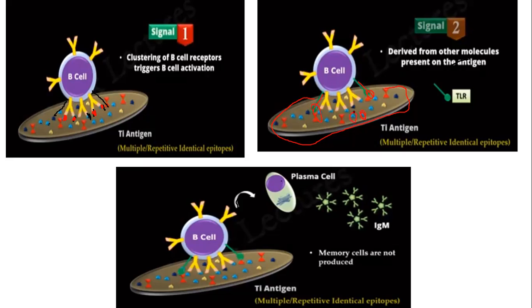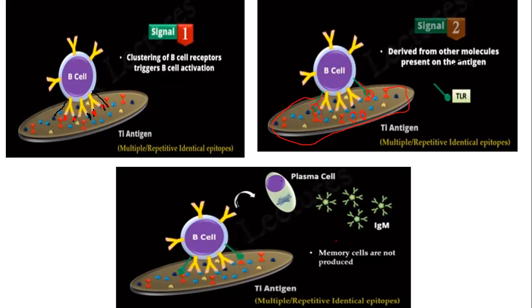This toll-like receptor binds to the complete antigen and makes the bonding very strong. After binding, the B cell gets activated. It will divide and differentiate into plasma cells and produce antibodies, which are IgM.